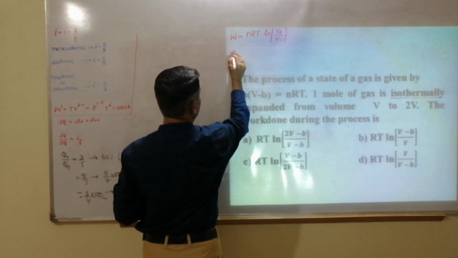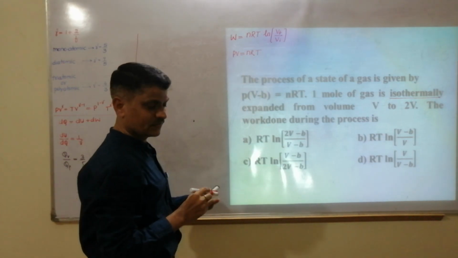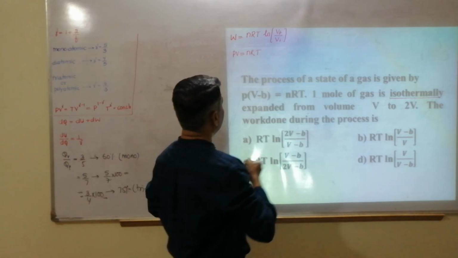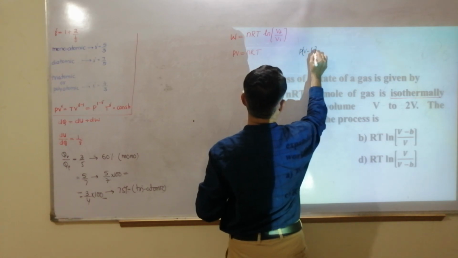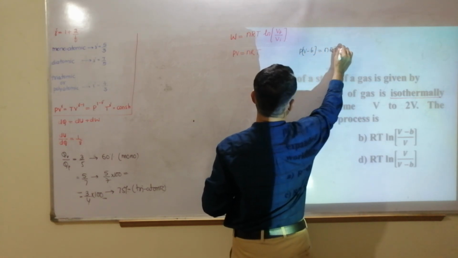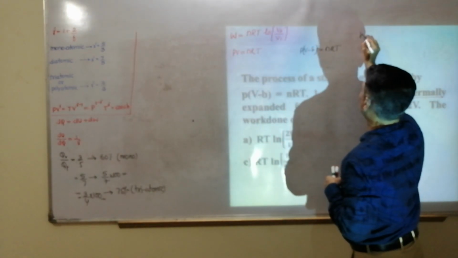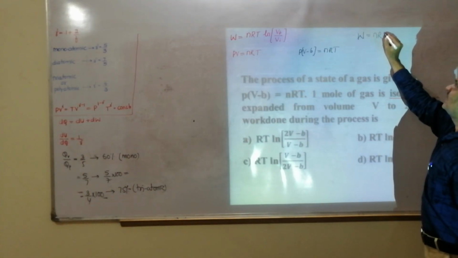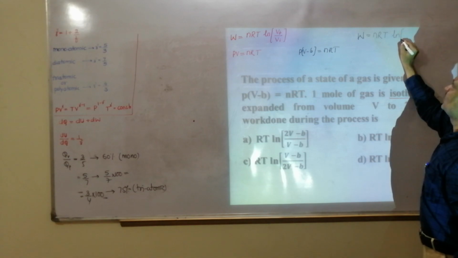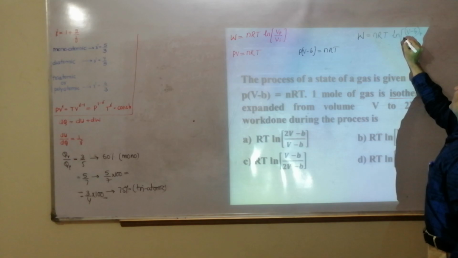So when the equation is PV equal to nRT, if our equation is P(V minus B) equal to nRT, then I can write the work done the same way: nRT ln of (V minus B) final by (V minus B) initial.